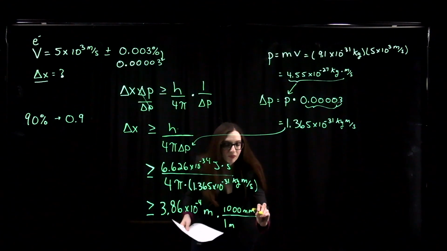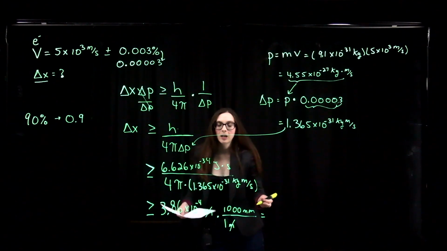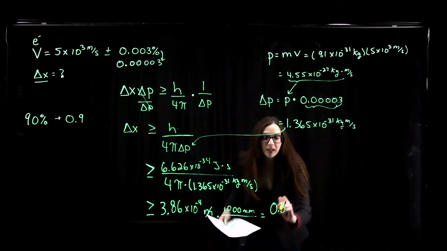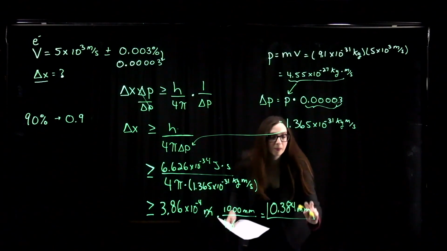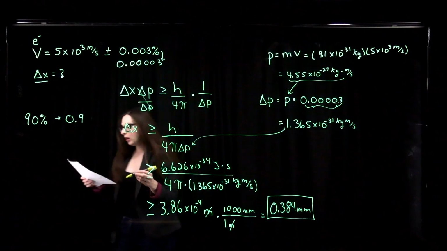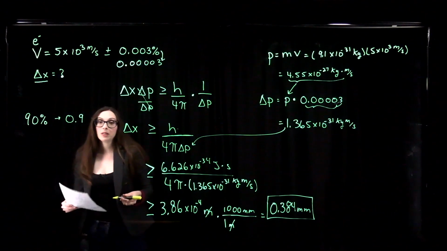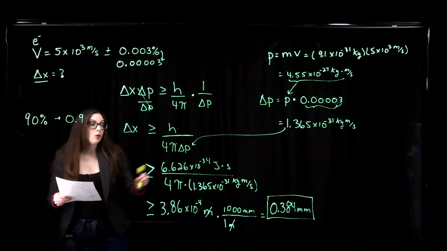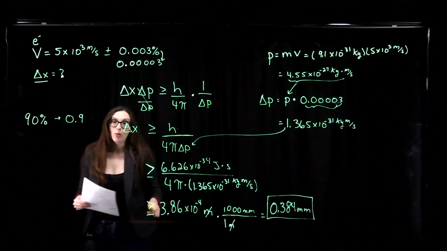Those meters cancel here. 3.86 times 10 to the minus 4 meters is the same as 0.384 millimeters. So for this particular problem, we know that the uncertainty on the position of my particle will be greater than or equal to 0.384 millimeters.